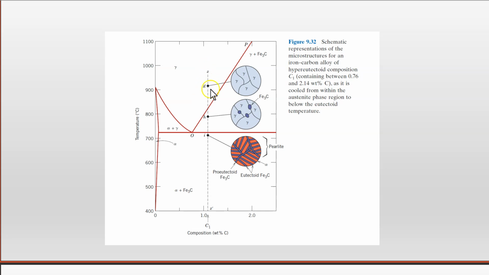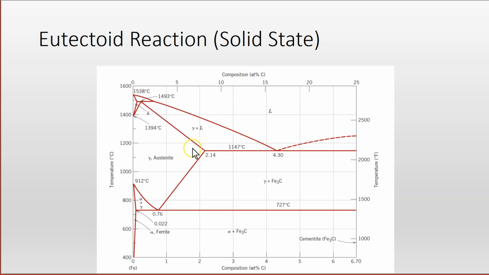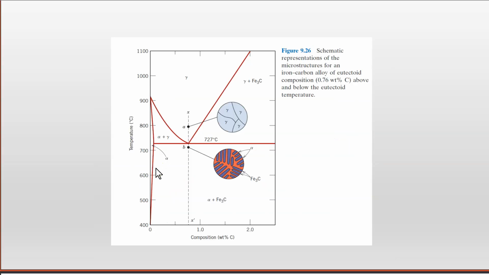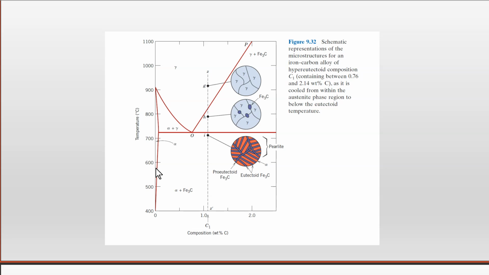With a hyper-eutectoid steel, the carbon composition is above that of the eutectoid composition, but less than 2.14, as we still want to have the material in the gamma phase at the high temperatures. At high temperatures here at G, the material is completely in the gamma phase.